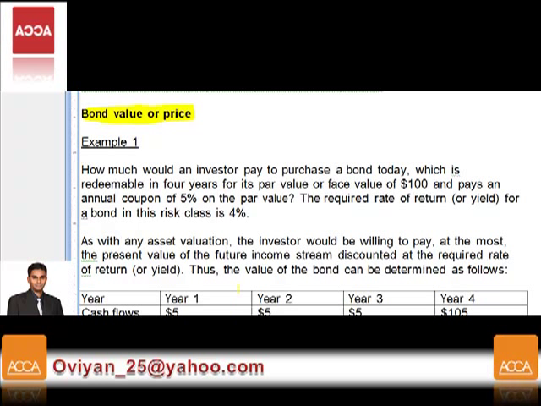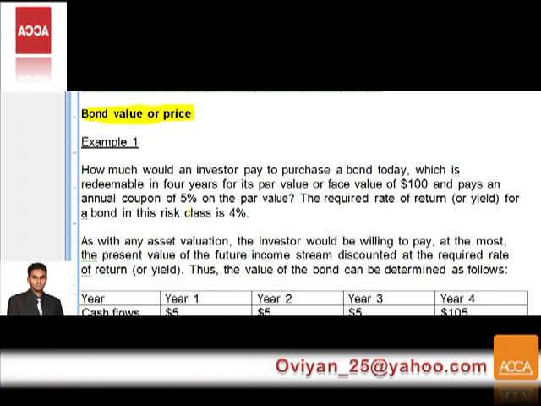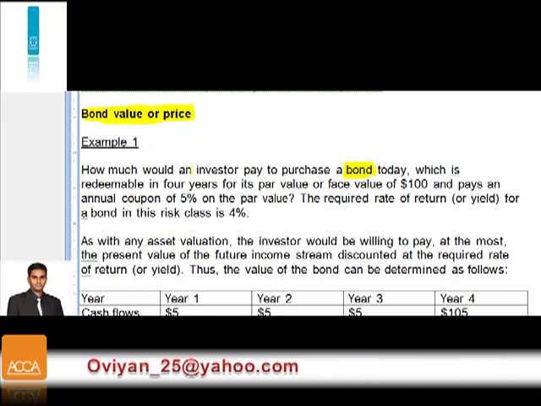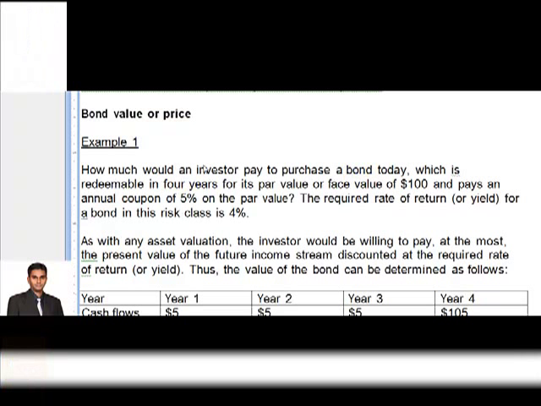Now, coming back to this question, we look at one example at a time. It says, how much would an investor pay to purchase a bond today, which is redeemable in 4 years time at par value, in this case $100, and pays an annual coupon rate.